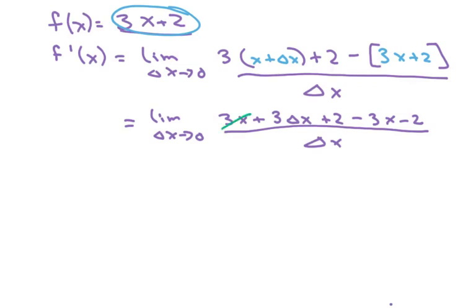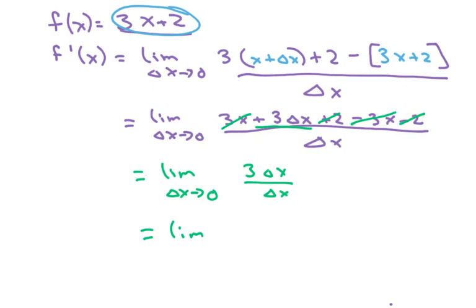So these two cancel, because 3x minus 3x is 0. These two cancel, and we're only left with terms with delta x in them. So you have 3 delta x over delta x. So the delta x's cancel, and so that's going to equal 3.